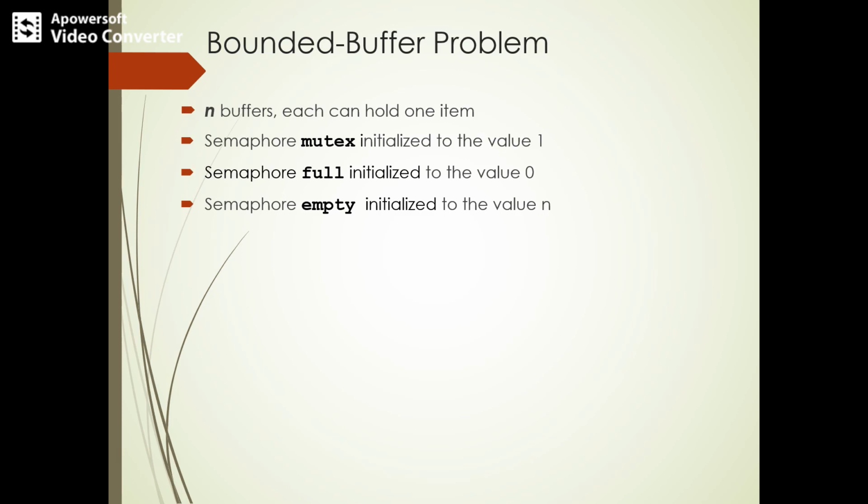The mutex semaphore provides mutual exclusion for access to the buffer pool and is initialized to 1, whereas the empty and full semaphores count the number of empty and full buffers. The full semaphore is initially 0, and the empty semaphore is initialized to n.